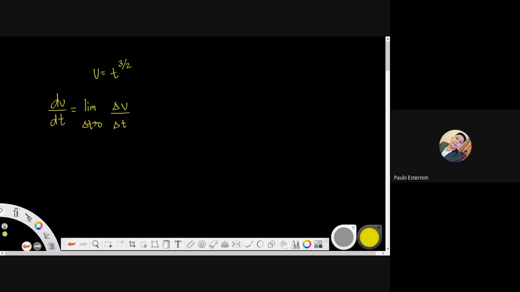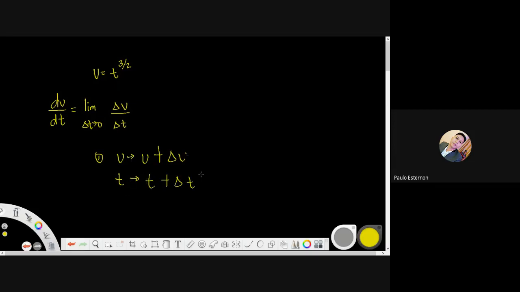So what we're going to do is first find the value of delta u, then find the value of delta u over delta t, and then find the limit as delta t approaches 0. To find that, we're going to change u to u plus delta u and find delta u. And also we'll change t to t plus delta t.